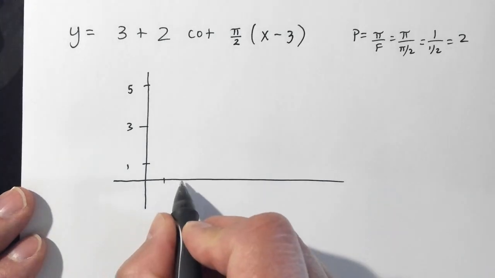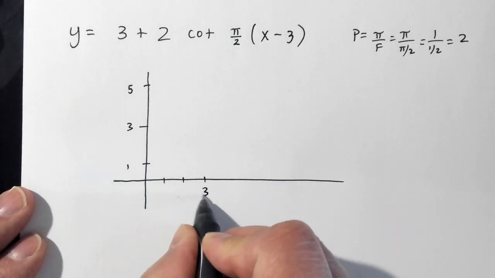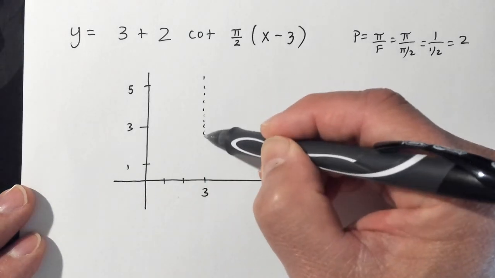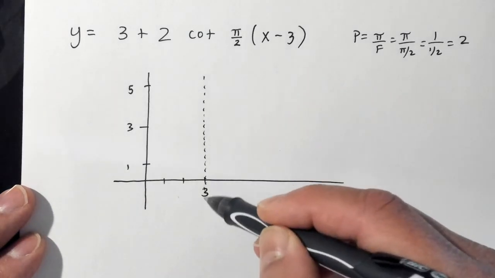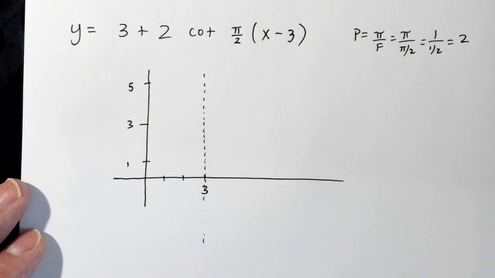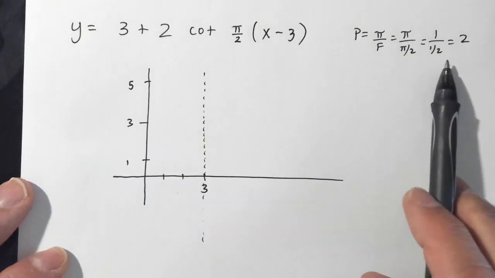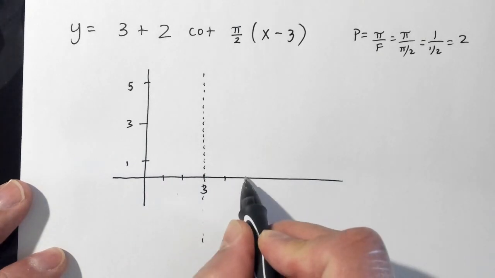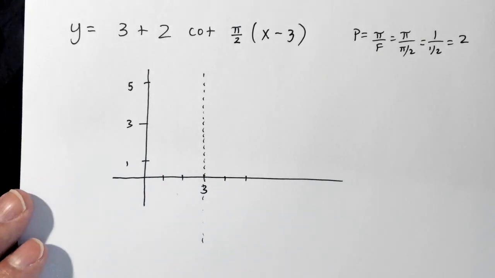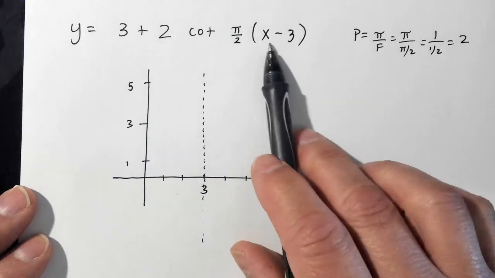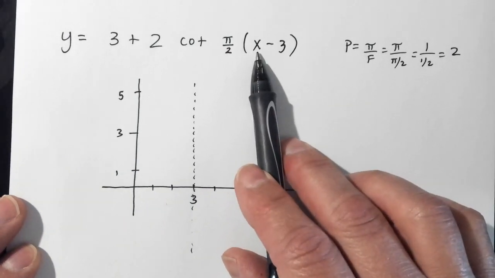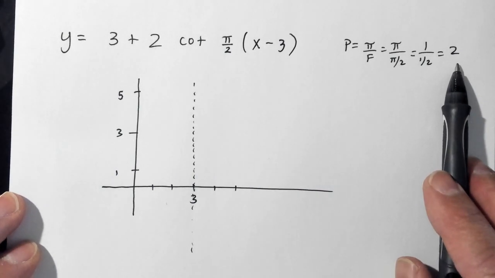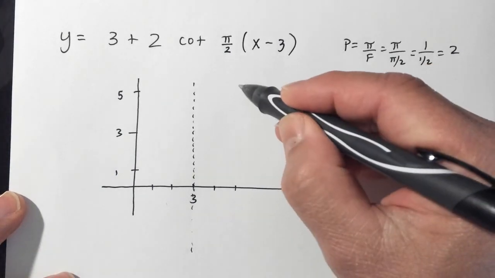So 1, 2, 3. That's the first asymptote. And period is 2. So 4, 5. And this number plus this number tells you where the next asymptote will be.